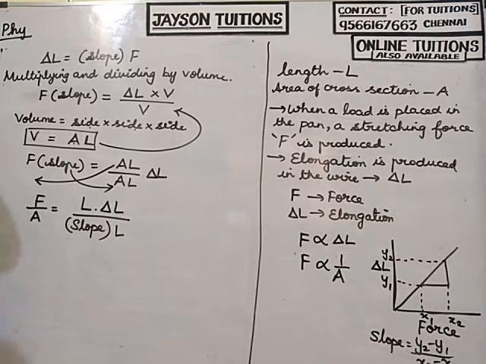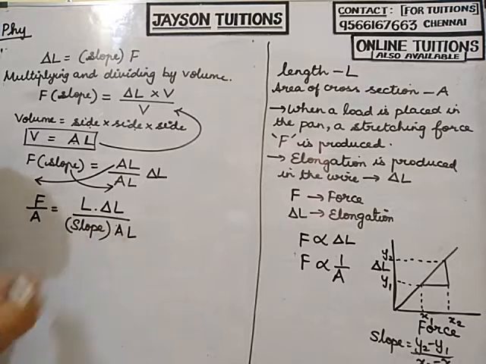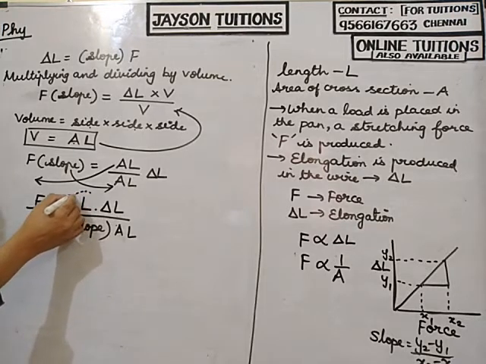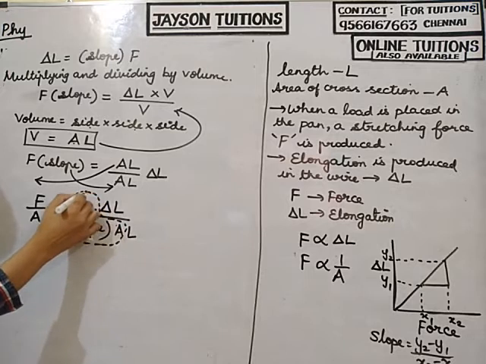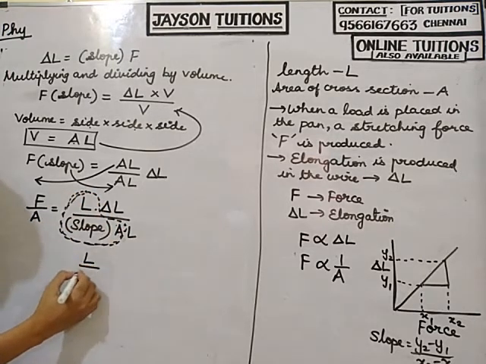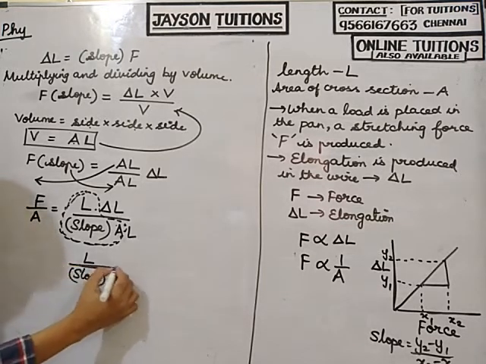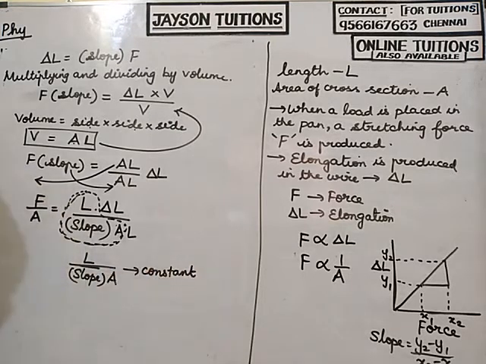Slope into A into L, I will be getting. So this L by slope into A is a constant. Why is it a constant?